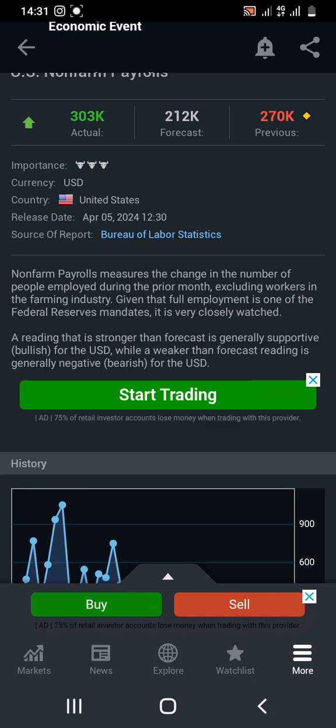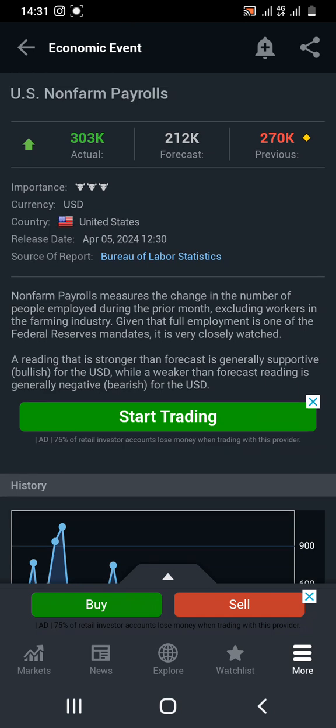So last month, the number of people employed was only 270k, meaning that the dollar was very bad.